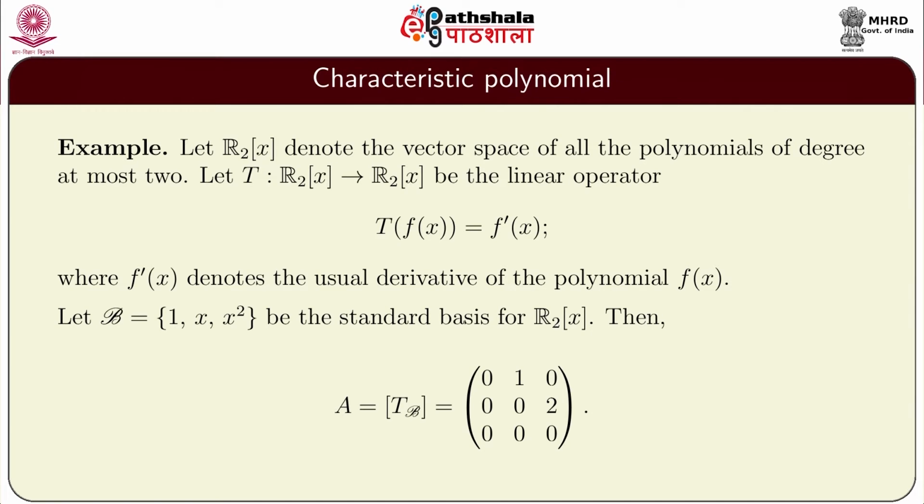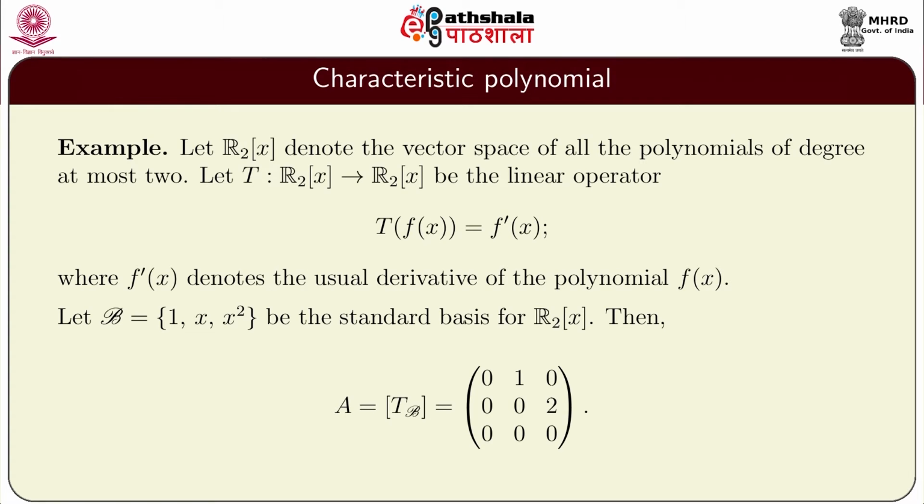Well, how do we get this matrix? The first column is the image of the first standard basis vector, that is T of 1, but T of 1 is the derivative of the constant polynomial, that is 0. So, we get the 0 vector in the first column. Then the second column would come from T of x, that is the derivative of x, that is 1.